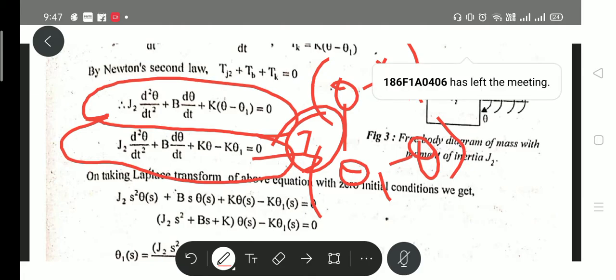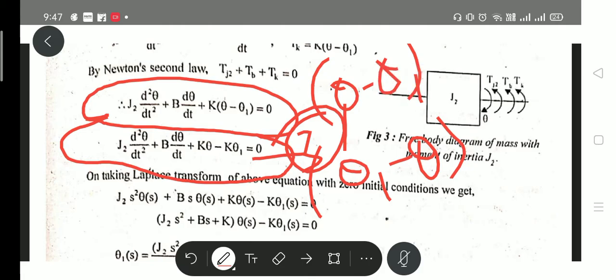We can apply the Laplace transform here, then we will get j2 s square theta of s plus bs into theta of s plus k theta of s minus k theta 1 of s is equal to 0. Now we take theta of s common: j2 s square plus bs plus k, into theta of s, minus k theta 1 of s is equal to 0.